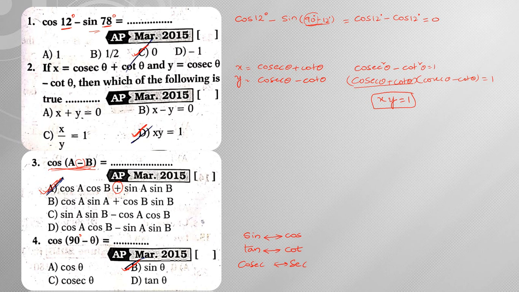So these are the changes when we are applying the trigonometric ratios with the complementary angles. Sine will be changed as cos and cos as sine, tan as cot and cot as tan, cosecant as secant and secant as cosecant.